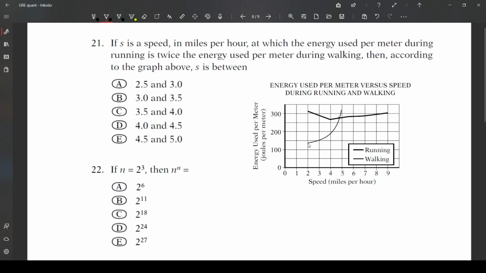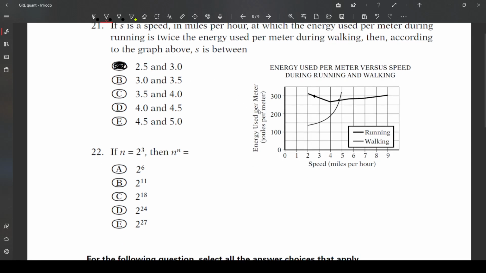So here it's gone from more than double to what looks like less than double. Right, because this is 150 and this is less than 300. So it has to be somewhere in this range. Here, it's more than double. So I believe it's between 2.5 and 3. It's obviously less than 3, and this is the only option that's less than 3.